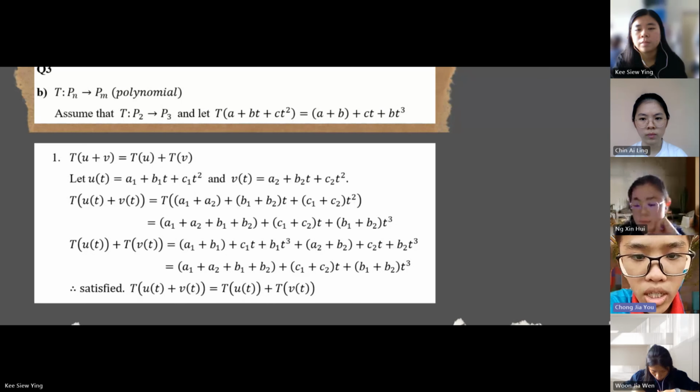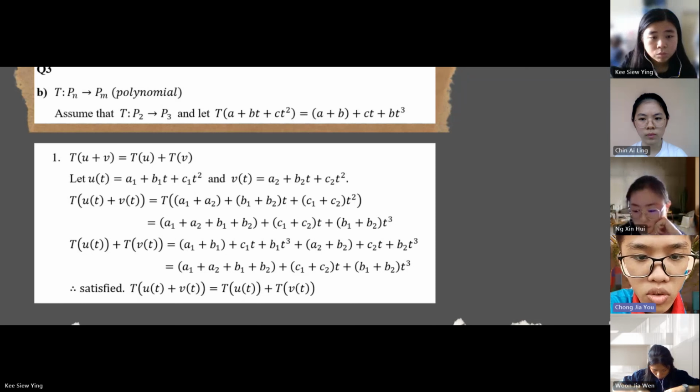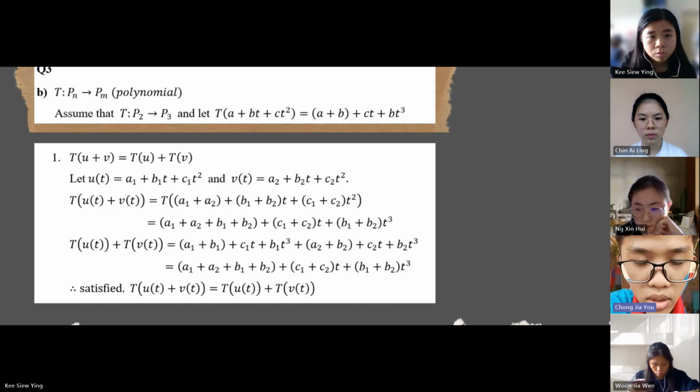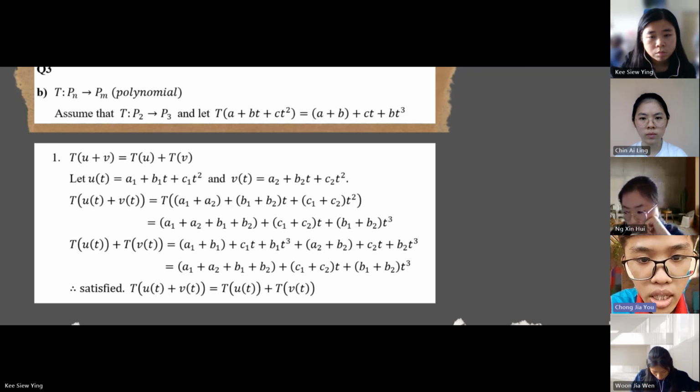Then we combine together the coefficients by degree of t, and we will get (a1 + a2) + (b1 + b2 + c1 + c2)t + (b1 + b2)t³. Then we prove that it is satisfied since the left-hand side is the same as the right-hand side.